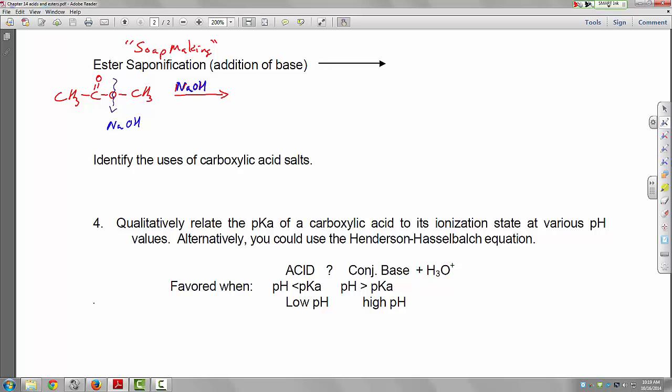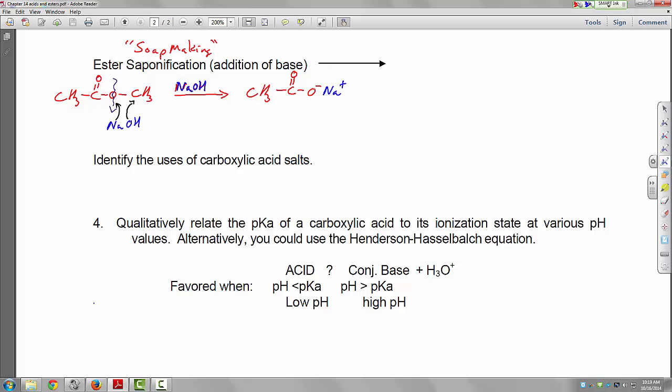Okay. The sodium hydroxide, the sodium forms the salt with the acid, and the hydroxide is attached to this methyl group to give us the alcohol. So we end up with, instead of the acid, the salt of this acid.